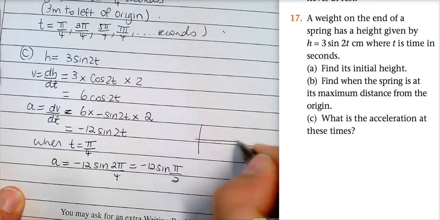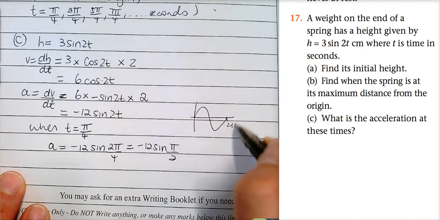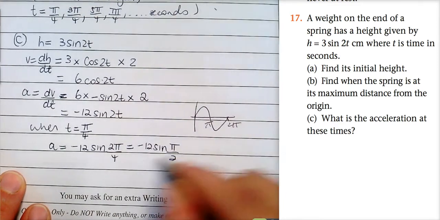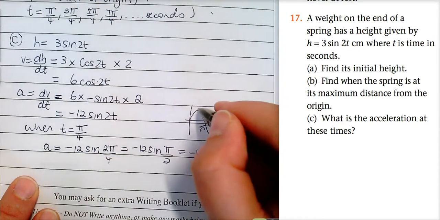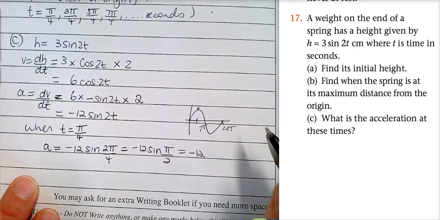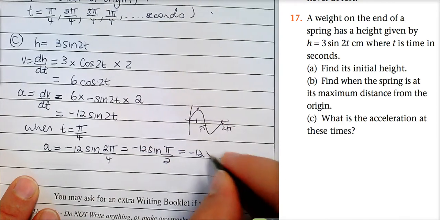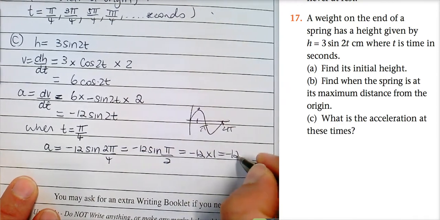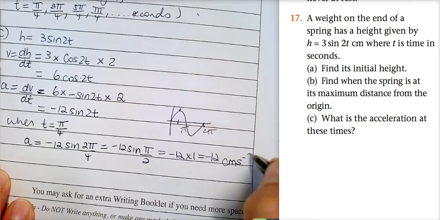If I draw the sine curve, what's sine pi on 2? Well, that's 1. So it's negative 12. How do you know? Because pi on 2 is there. That's the sine curve. Negative 12 times 1 is negative 12 units, centimetres per second.